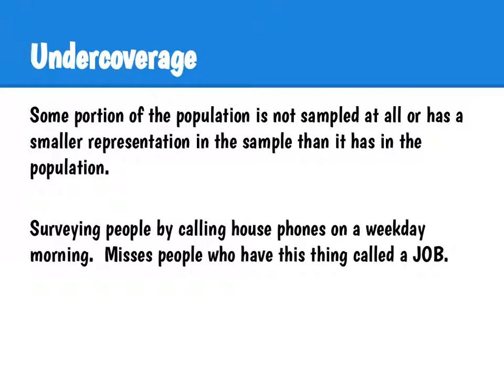If I survey people by calling house phones on a weekday morning, I'm going to miss people that have a job. I'm missing people that don't have house phones. I'm missing people that are at yoga in the morning or Zumba or whatever people are into, CrossFit. You're missing people. Okay, so this is undercoverage. You're not getting the entire population.